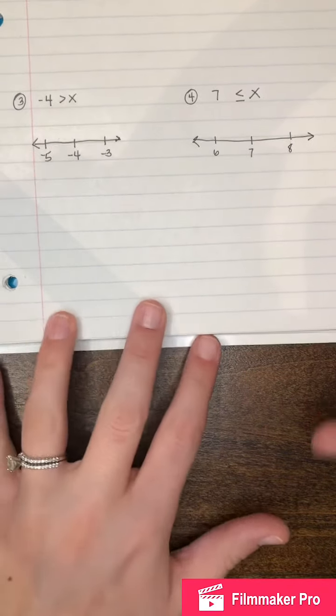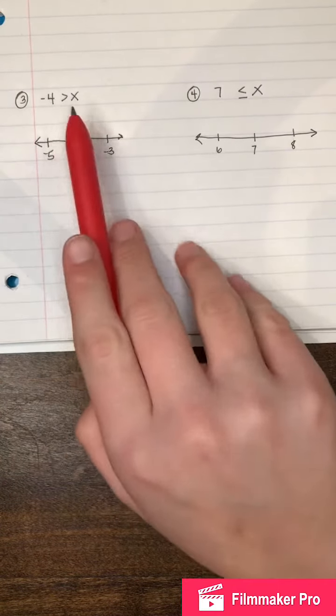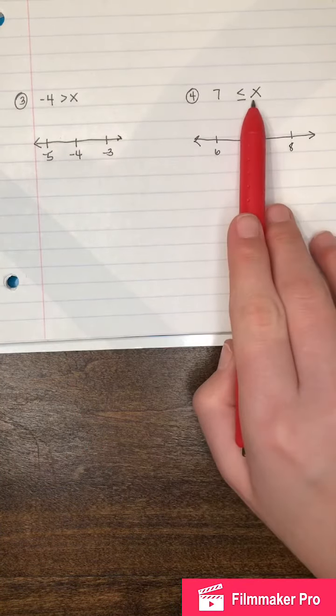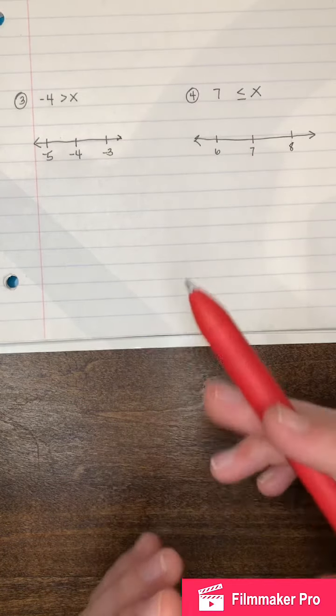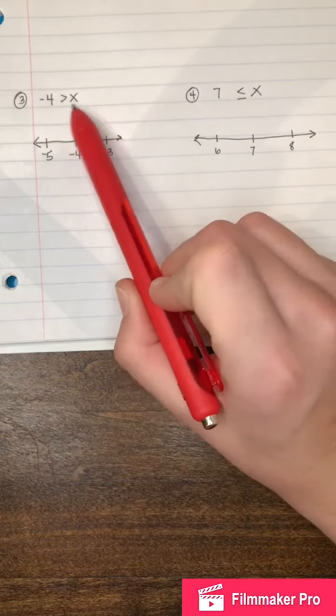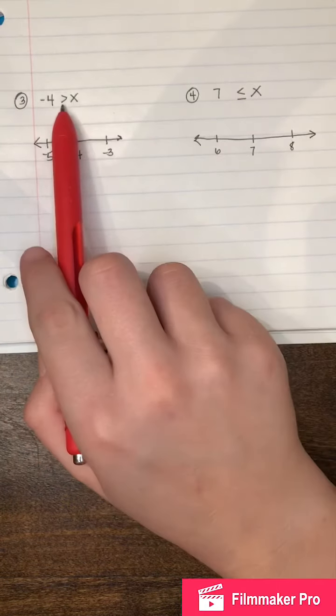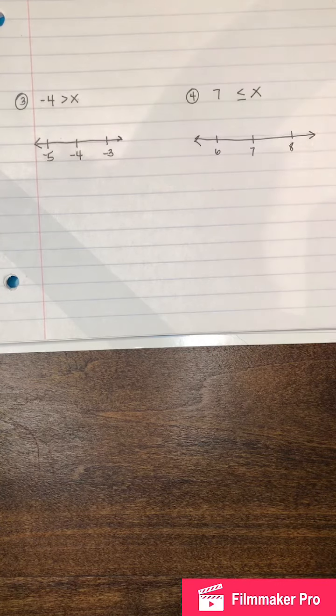All right, so here's where I want you to pause and pay special attention when your solution reads where the variable's on the right. Because your graph is graphing the possibilities for your variable, you want to read the sentence from your variable. This does not read x is greater than negative 4. It reads x is less than negative 4. So again, read from your variable.